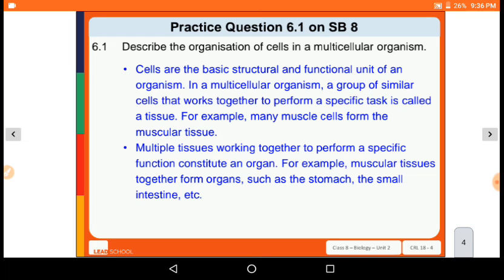Next, multiple tissues working together to perform a specific function form the organs. So वो क्या बनाते हैं? टिश्यूज बन के उसमें से क्या बनते हैं? ऑर्गन्स बनते हैं.